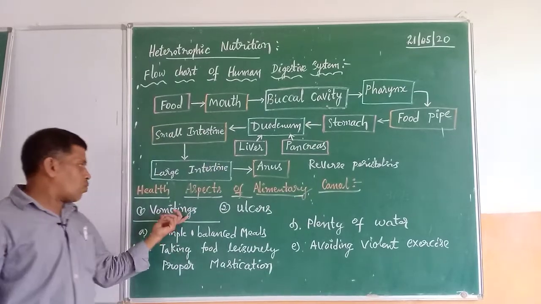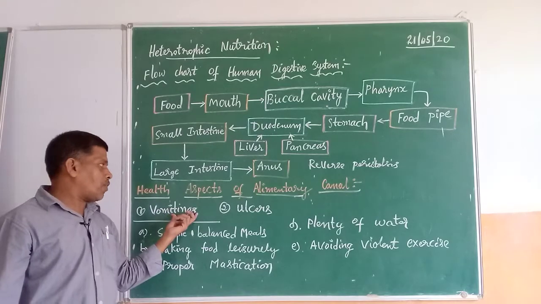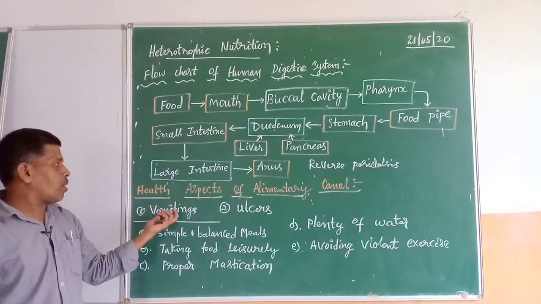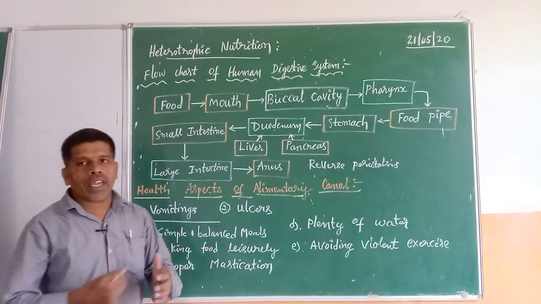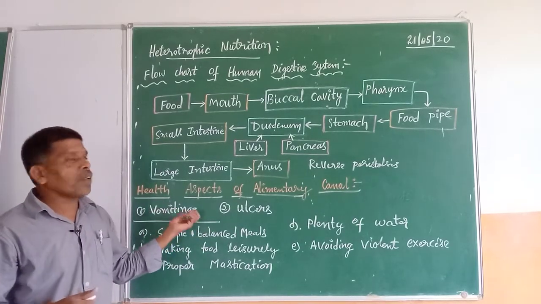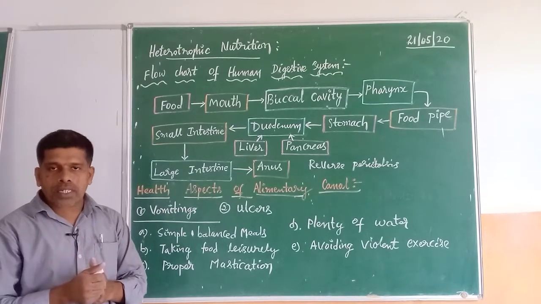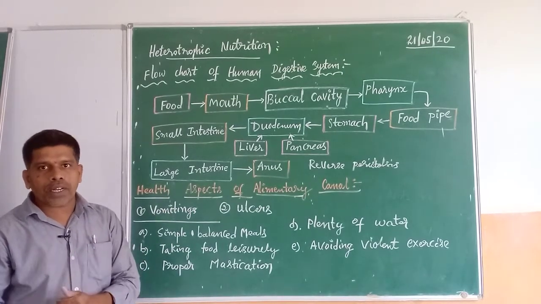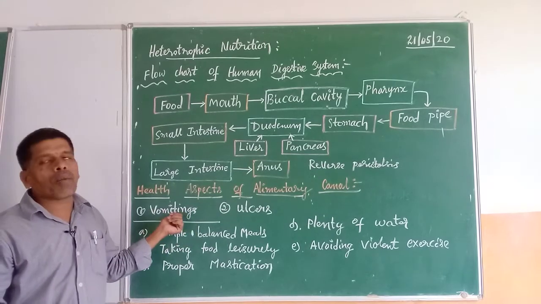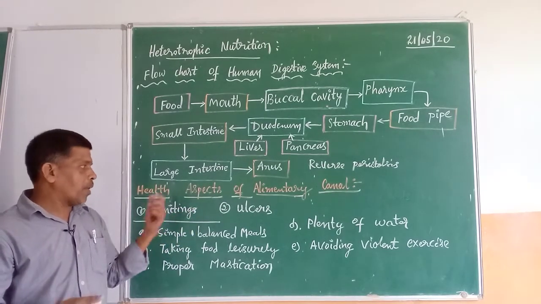That is the phenomenon we call vomiting. There are different reasons for vomiting. The most important are taking excess food, eating more oily food, or food poisoning, where unwanted substances go along with the food. This is the major problem, vomitings.